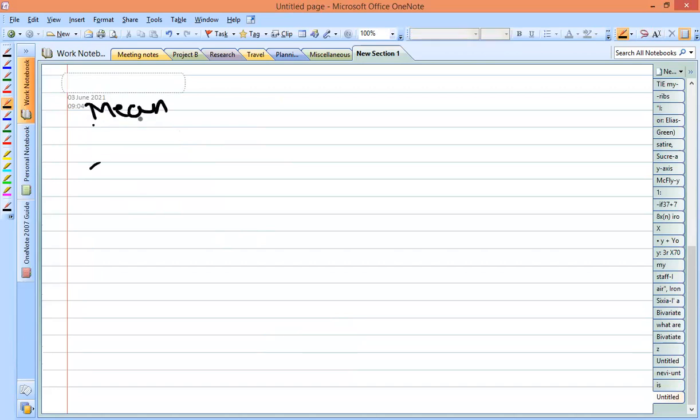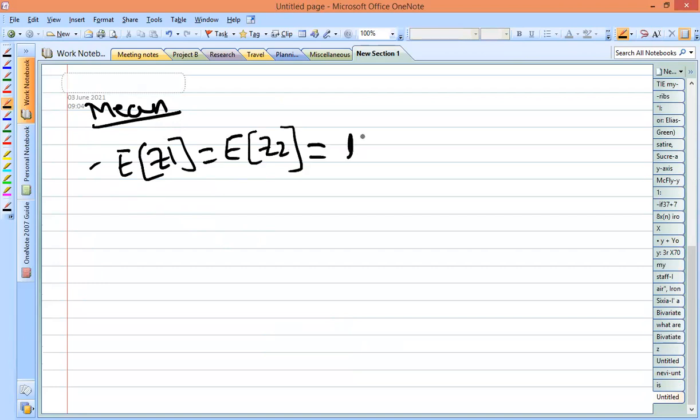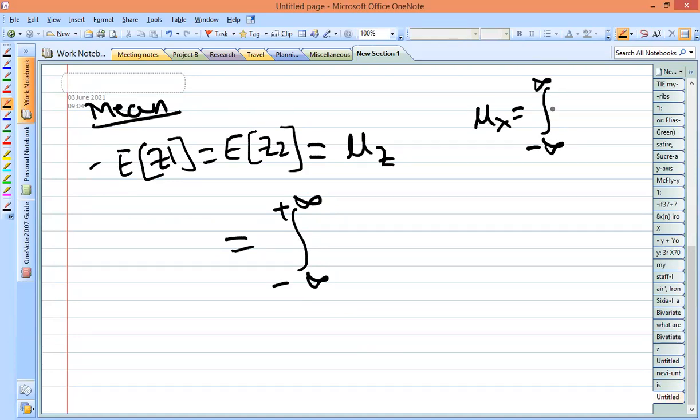Next, for the same Gaussian bivariate random variable, we'll calculate the mean. So first let us calculate the mean of the random variables z1 and z2. Both will take the same value, which in general can be represented as mu z. Here, as we have seen, the mean mu x can be obtained by taking the integration from minus infinity to plus infinity of x into fX of x into dx.